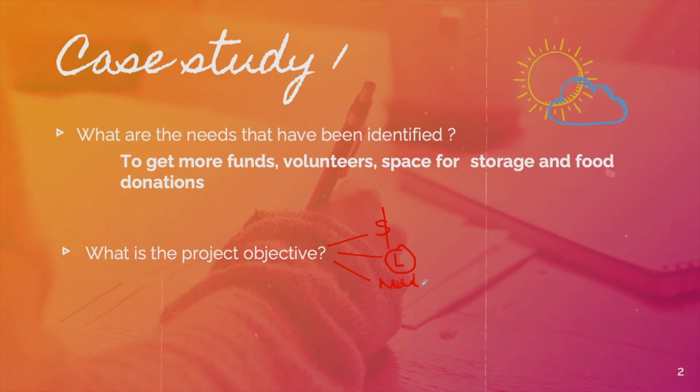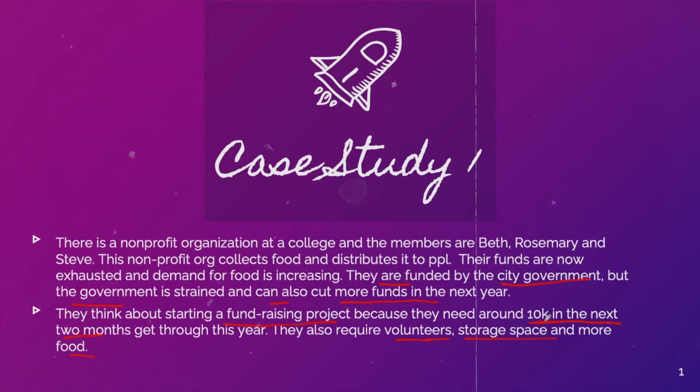Right? Let's see in the case study what are the three factors which make up our objective. The objective is, in terms of funds, we need $10,000, and also we need volunteers, storage space, and more food. Timeline is like we need it in 2 months, right?